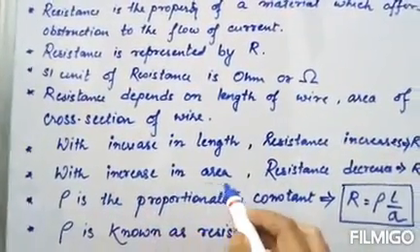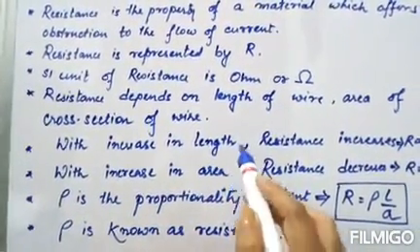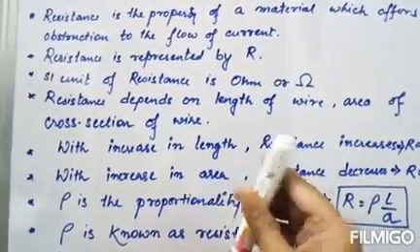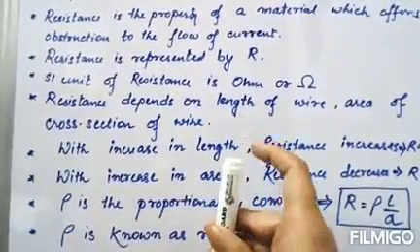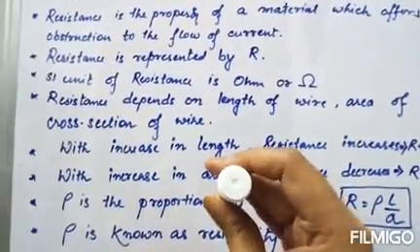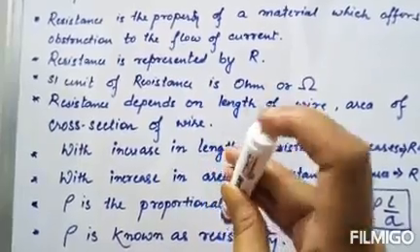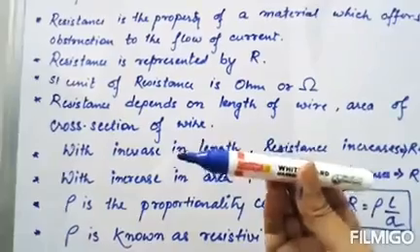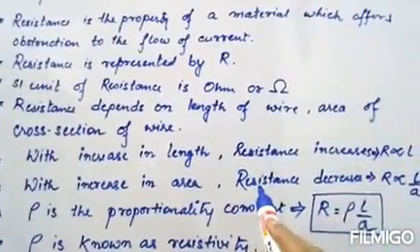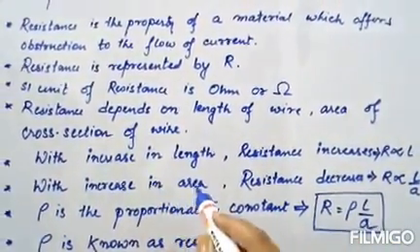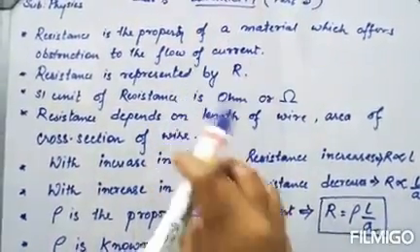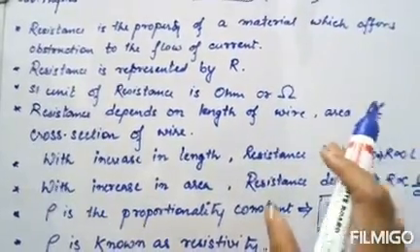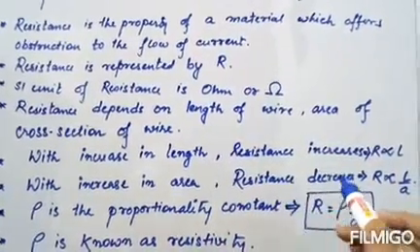Next is with increase in area. Area of cross section. What I told you, cross section means, suppose this is the length, and if I cut it in this way, then what you see is the area of cross section. This is not a wire, you just imagine that. With the increase in area, that means wider wire, electrons will get free space to move, and so resistance decreases.